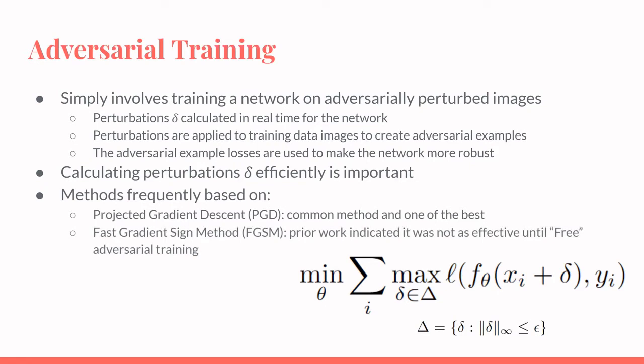PGD is one of the most common methods for adversarial training, and was one of the best. For the fast gradient sign method, prior work indicated it was not as effective, interestingly enough, until a new type of adversarial training came out called free adversarial training.